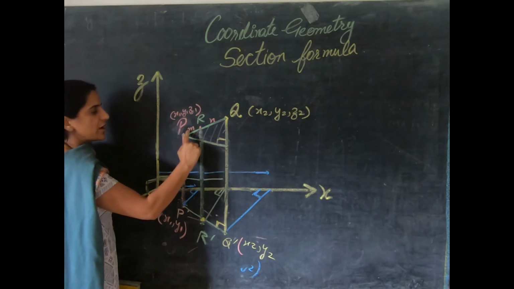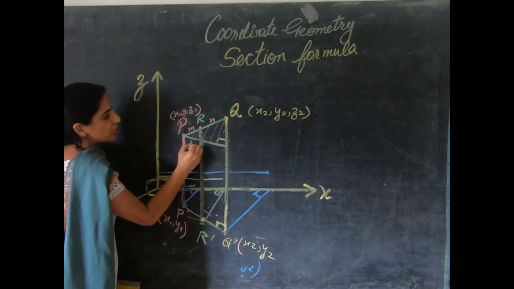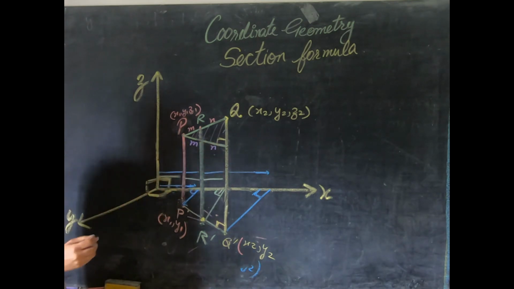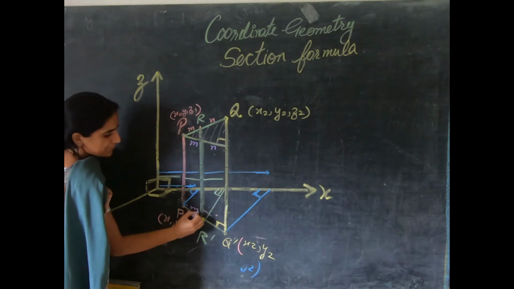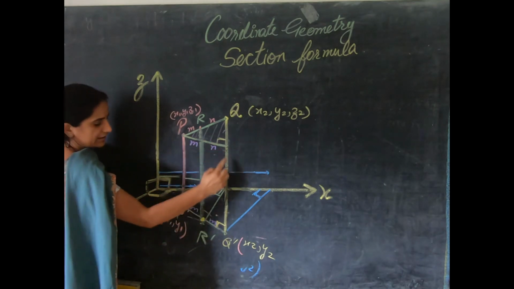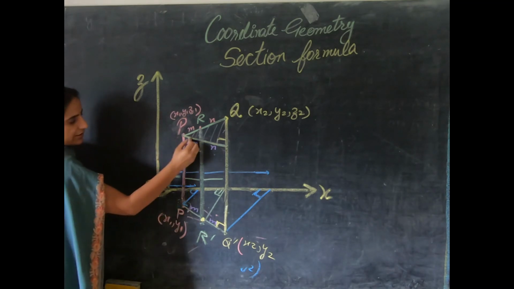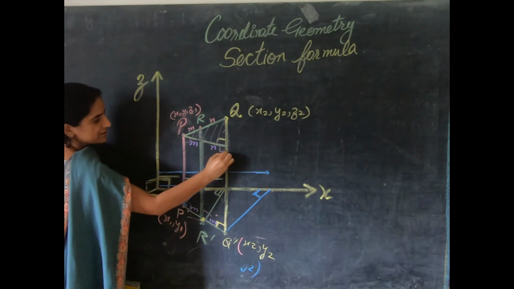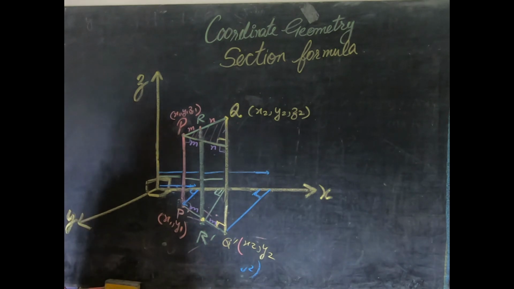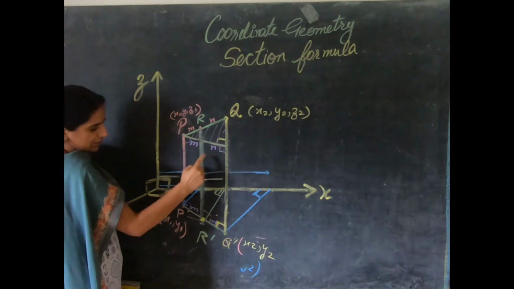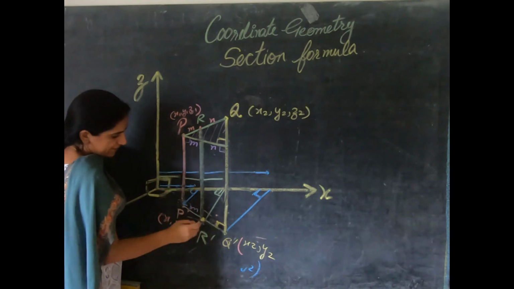As the ratio here is M:N, here also the ratio is going to be M:N. And so is here, because it's a rectangular frame. This is 90 degree, this is 90 degree, this is 90 degree. So they all are 90, so it's a rectangular frame. So this is also M:N, and so is this.